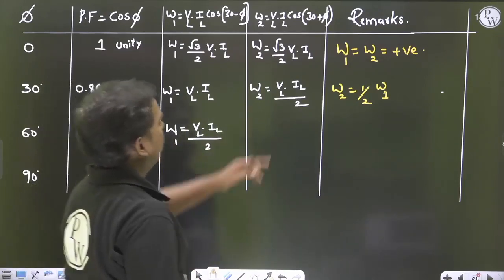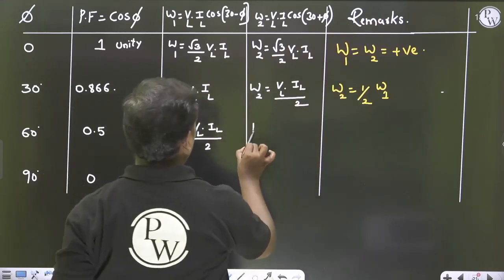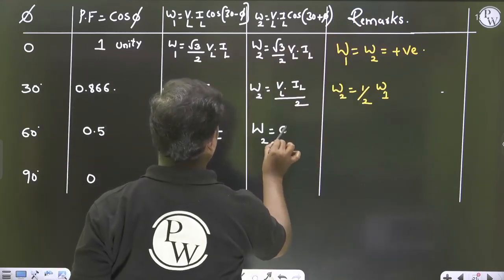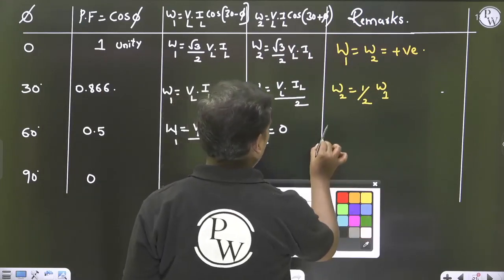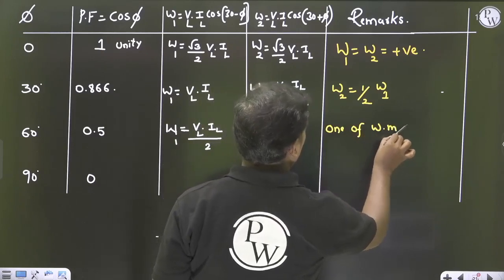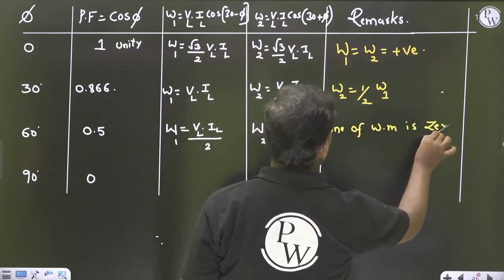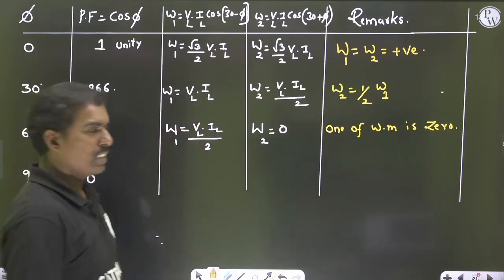Next, 30 plus 60, 90. Cos 90 means 0. So we are going to get W2 as 0, my dear. So what is the remark? The remark is one of the wattmeter readings is 0.